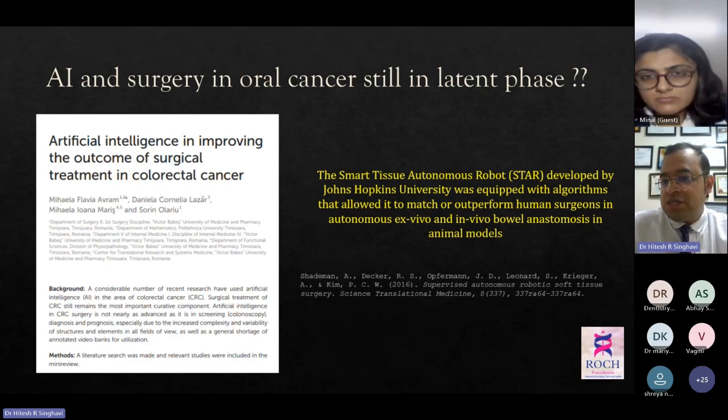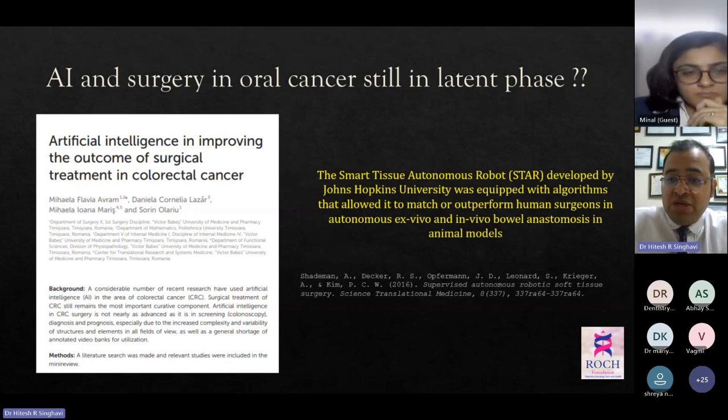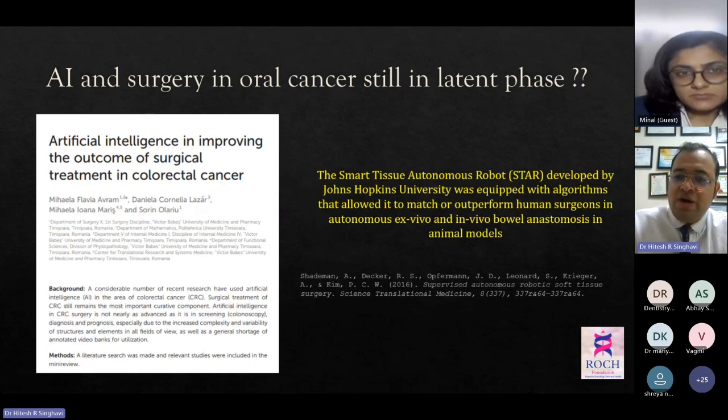Now, as far as surgery is concerned, there is still no evidence to say that AI can help you in the surgical, that is mechanical aspect of oral cancer treatment. Of course, there have been some papers on colorectal cancers where they have shown outcomes, in vitro studies, ex vivo studies, where Johns Hopkins University's STAR, Smart Tissue Autonomous Robot, compared suturing techniques with human surgeons, and they found that the STAR outperformed the human surgeons.